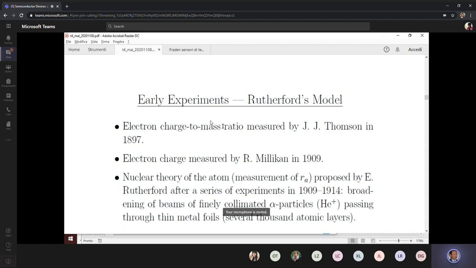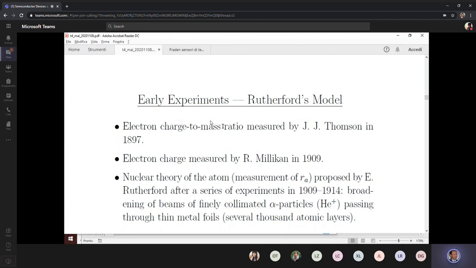Mechanics was developed first, then the electromagnetic theory was developed in the mid part of 1800, and shortly after also thermodynamics was set up in a systematic form.